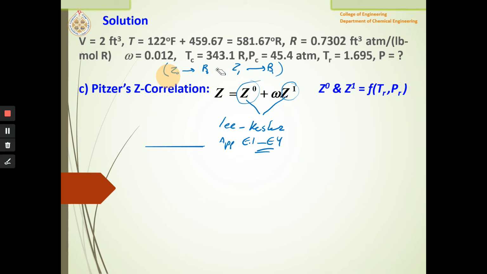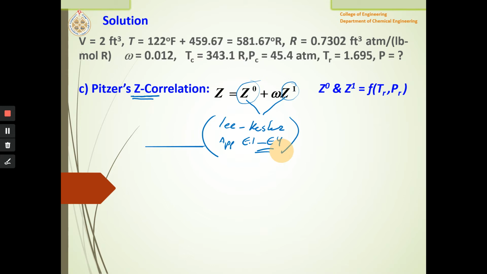So that's why here, whenever they say Pitzer correlation for the Z using Lee-Kesler, it means you have to use the Lee-Kesler table. And you have to go to the table, which is appendix E1 to E4, and substitute there. I hope this is clear before I proceed. I don't want to proceed if that point specifically is not clear. Clear? The point is clear? Okay, good.